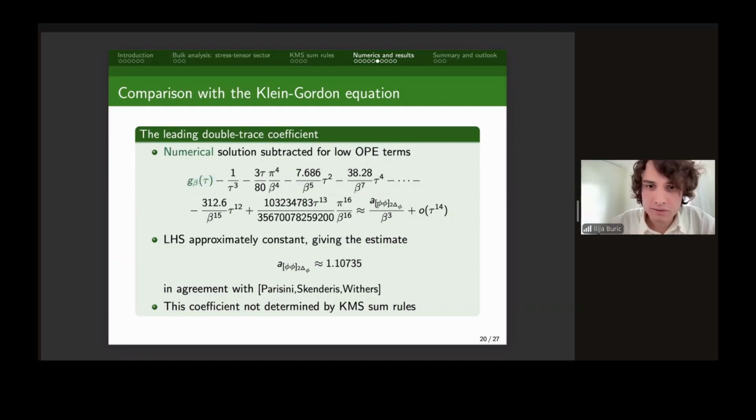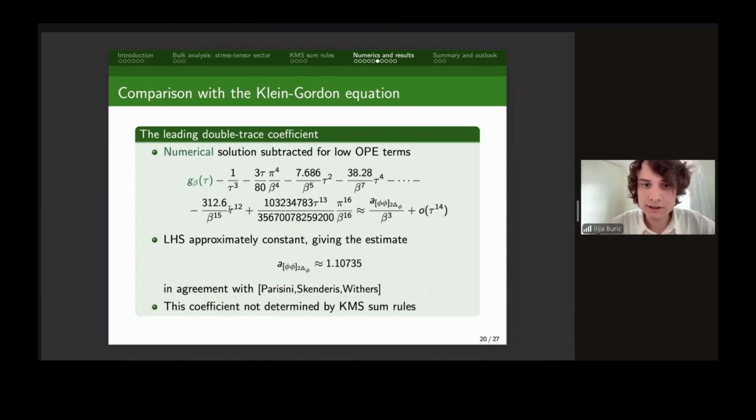Let me start with the lowest double trace coefficient. This one is actually not determined by our KMS sum rules procedure, but let me still start from this one. So here we subtract the first 10 to 20 blocks, something like this. And then the result for small tau should approximately be just the contribution of the first double trace, with corrections of order tau to the 14.